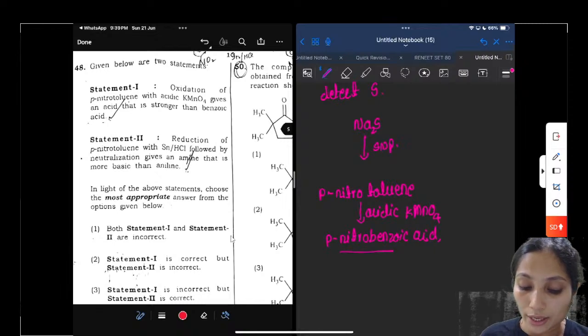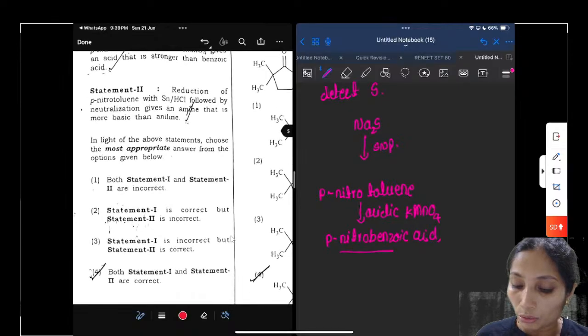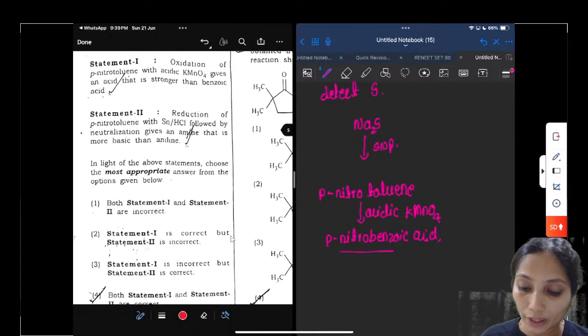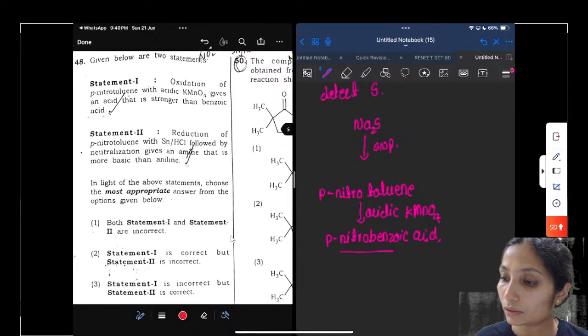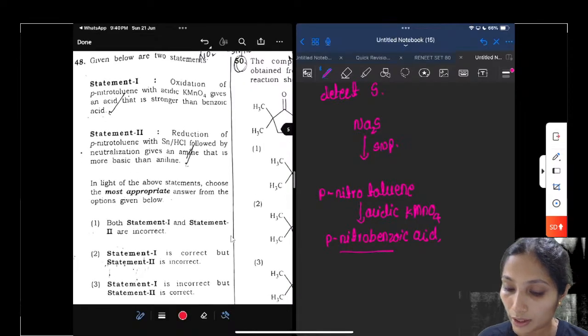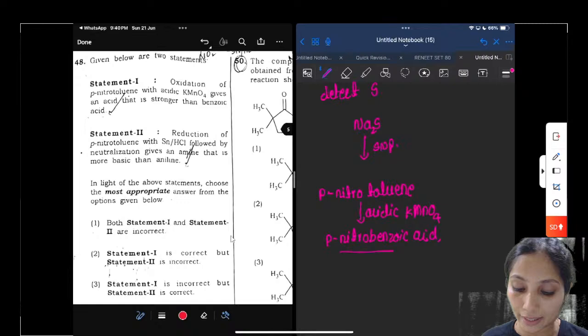Now let's go to statement 2. What is given in statement 2? Reduction of para-nitrotoluene with tin and HCl followed by neutralization gives an amine that is more basic than aniline. Yes, this is also true. The CH3 group is an electron donating group.